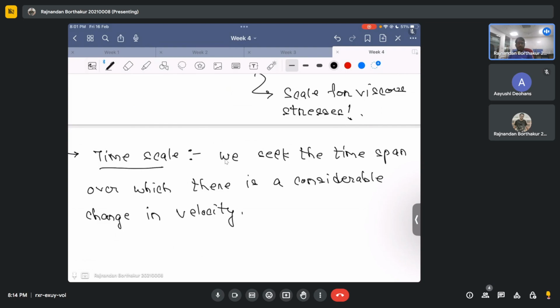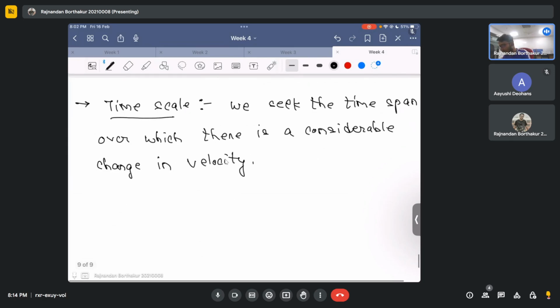So what does this mean? As the line suggests, we will choose that time scale over which we see an appreciable change in the velocity field. Let's try to understand the simplest case.